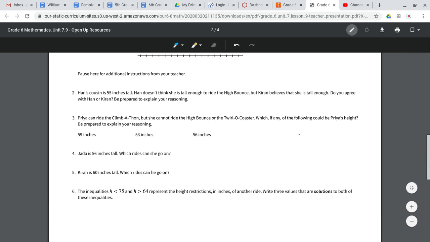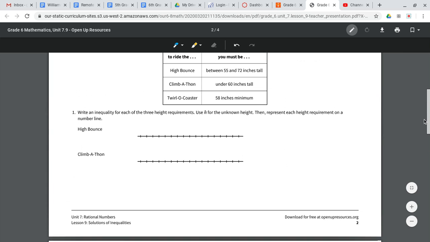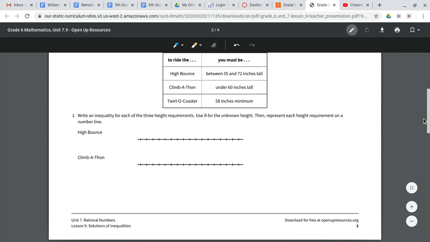If we think back to our table up here, it told us that the high bounce is 55 to 72, somewhere in there, and for the twirl coaster you have to be a minimum of 58 inches. So all going up from there. So 55 is really our low end on this. For the Climathon, she can ride, which just means you're under 60 inches tall.